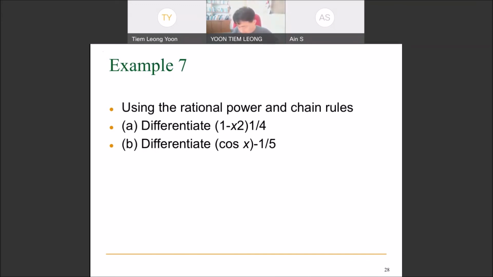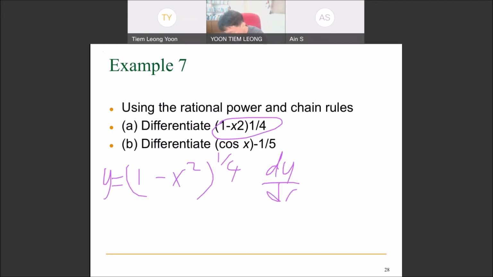Okay, let me come back here. So this is the first expression. This is just equal to 1 minus x squared raised to the power of 1 over 4. If you call this y, then we want to calculate dy/dx for this expression.